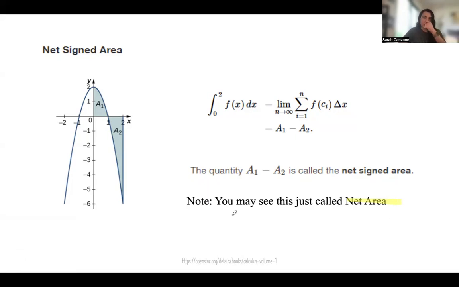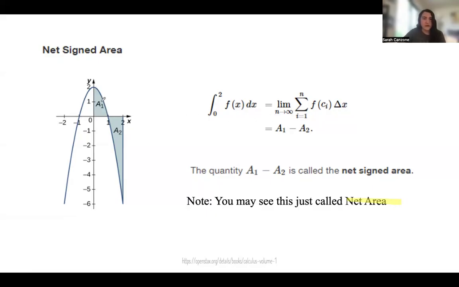So if you're looking for the net area of a function that dips below the x-axis, because so far we've only computed things that happen above the x-axis, therefore it's always positive and we don't have to worry about anything. But if now you're looking for the area of some function, obviously we can't use any geometric formulas to determine the area of A1 or A2 here.